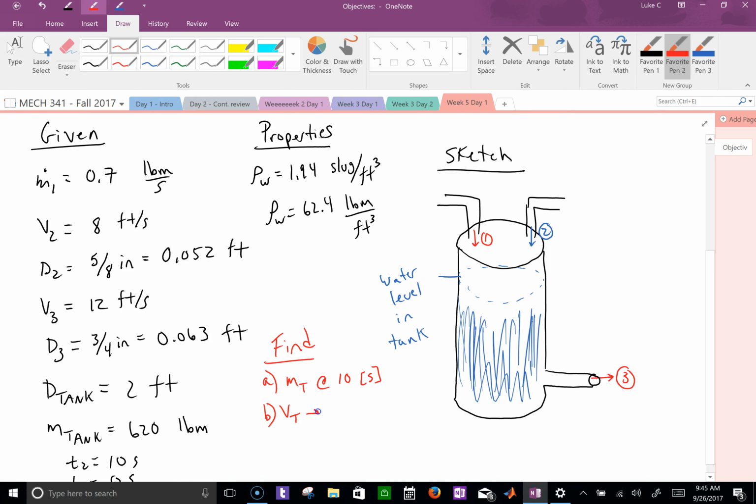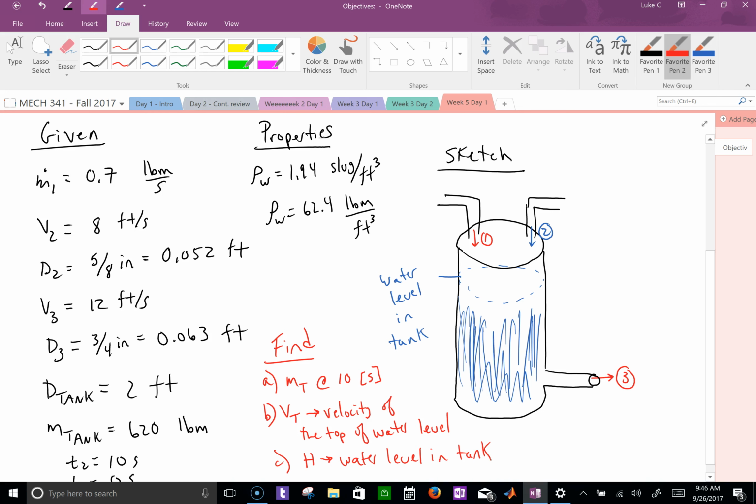Just to refresh you, we're finding the velocity of the top of the water level. And then we'll find h, the mass of the water in the tank.